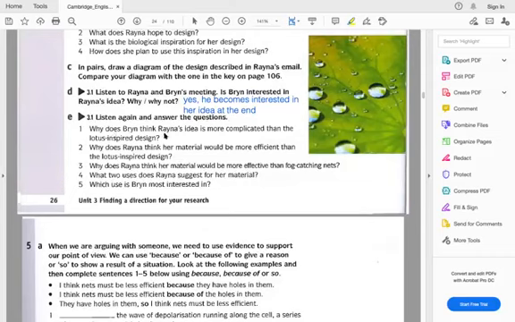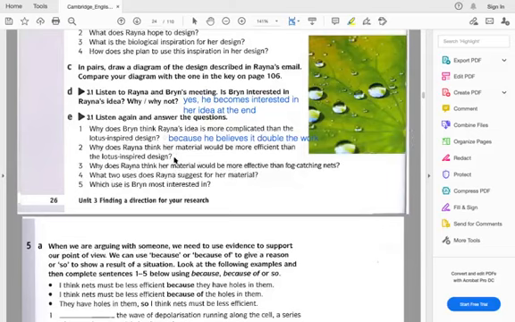Why does Brian think Raina's idea is more complicated than the Lotus-inspired design? Because he believes it double the work. إنها تخلي الشغل مضاعف.